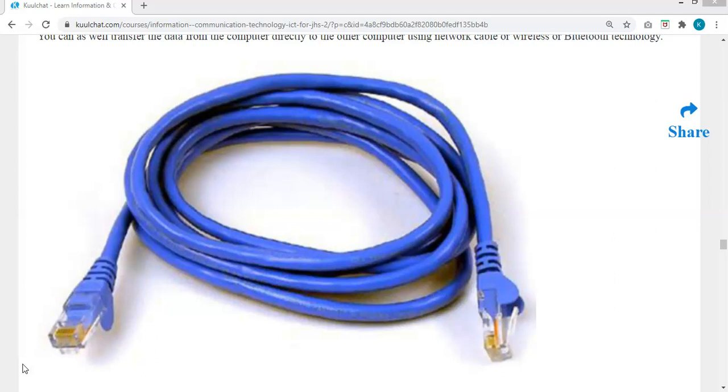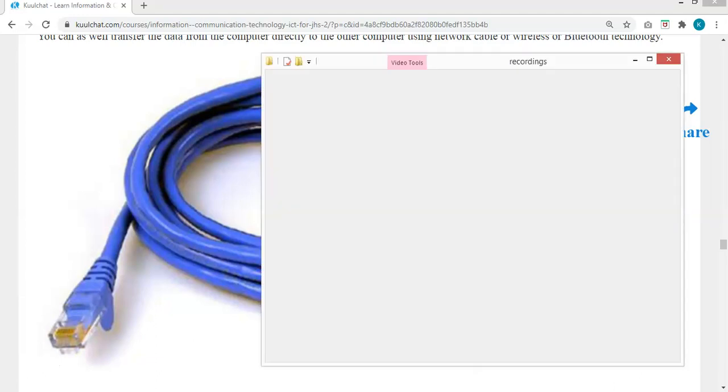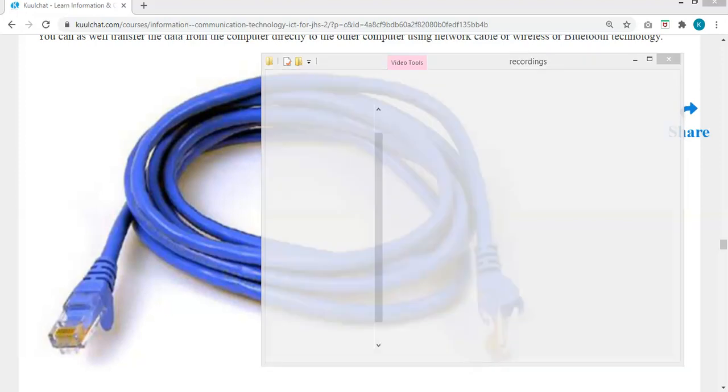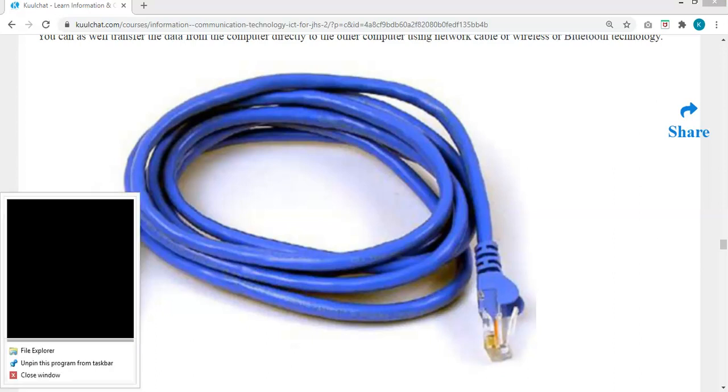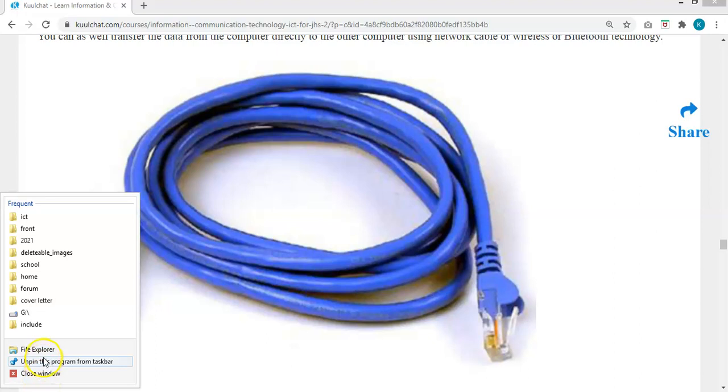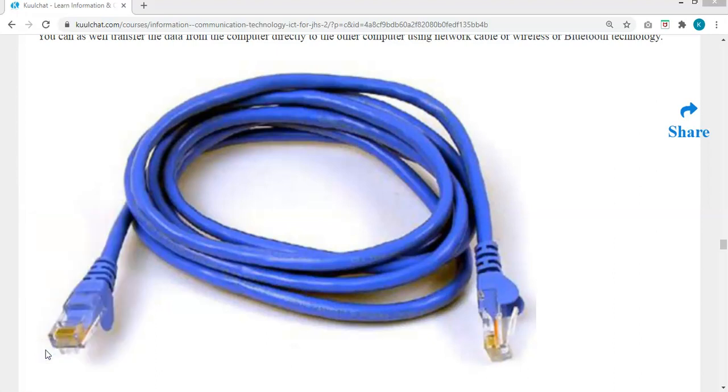Now, before I connect my external device, I'm going to show you my drives, so that when I connect it, if I have another drive in addition to my normal drives, I can know that that is the drive for the storage device I connected.